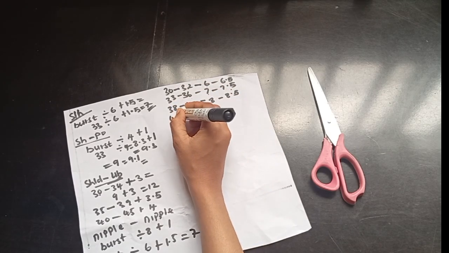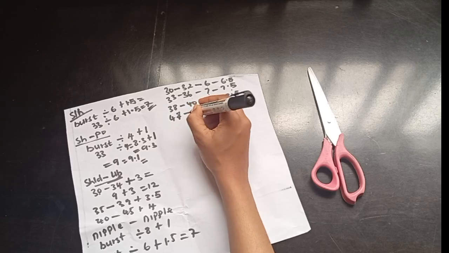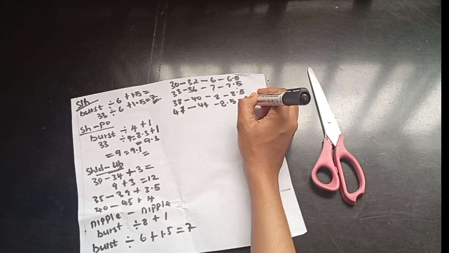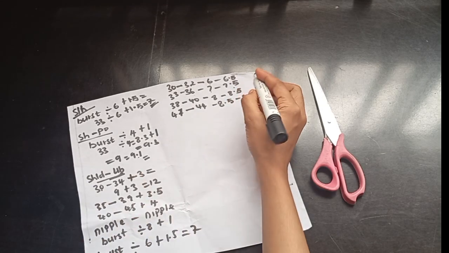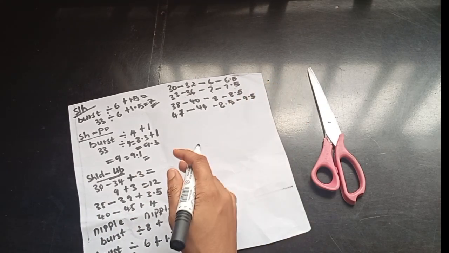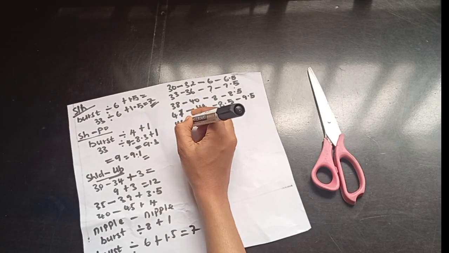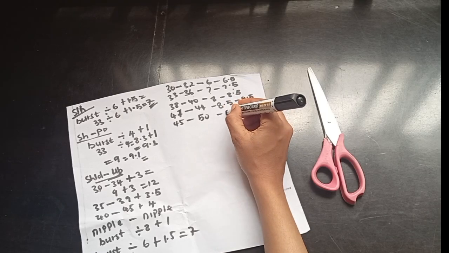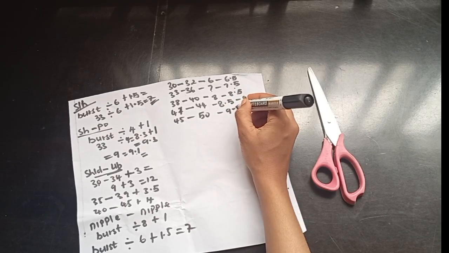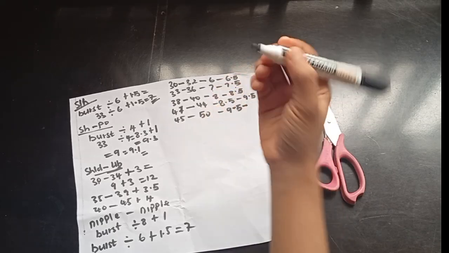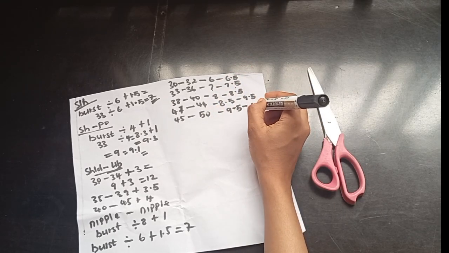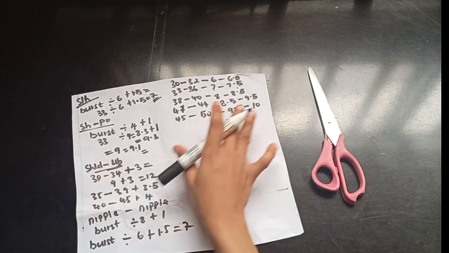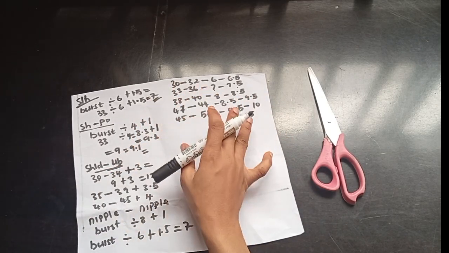Now for bust 41 to 44, you're going to use 8.5 to 9.5 inches. Now from bust 45 to 50 and above, you can get 9.5, 10 to 10.5. This works very well.